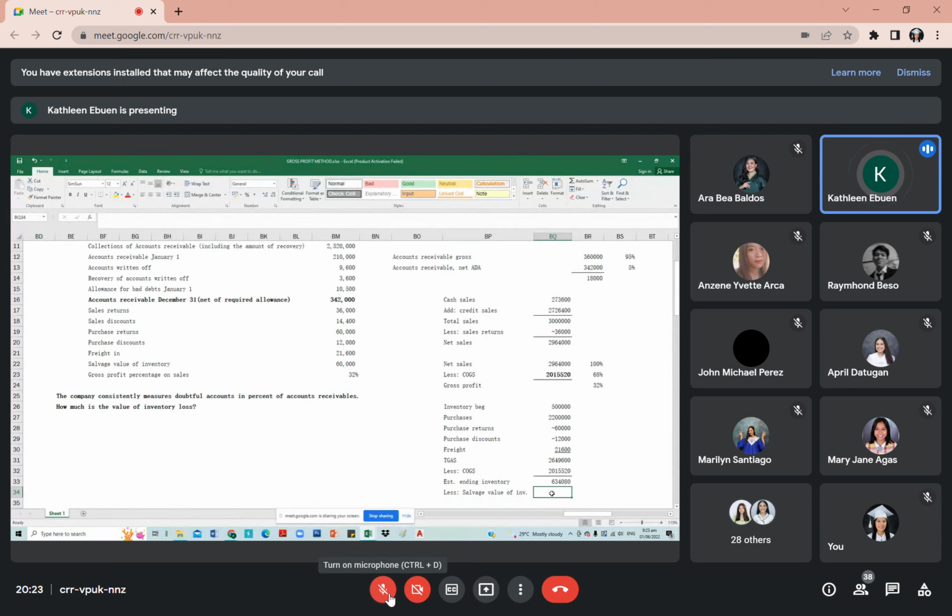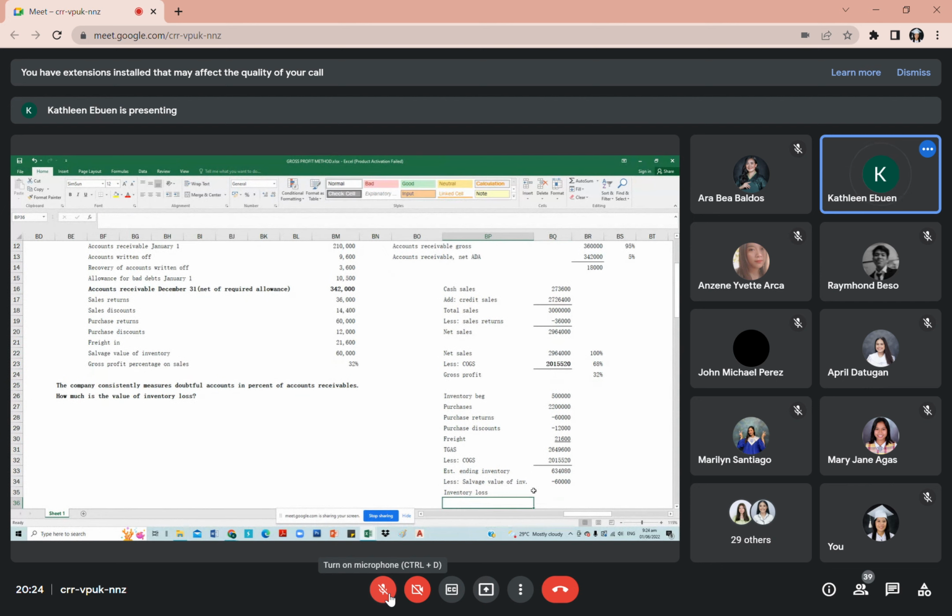Marahil yung inventory niya meron pang mga bakal-bakal dun, pwede pa niyang ibenta. Or meron pang mga parts doon na hindi naman masyadong natupok, may value pa yung inventory, pwede pa ibenta. So, hindi po lahat nitong estimated ending inventory, yan na yung loss natin. Meron pa kasi tayong pwedeng maibenta, class. So, therefore, ang inventory loss natin, 574,000. So, this is the answer for this problem.